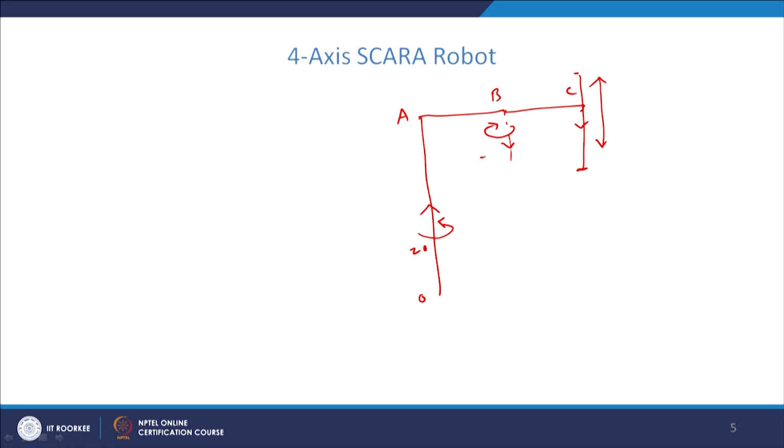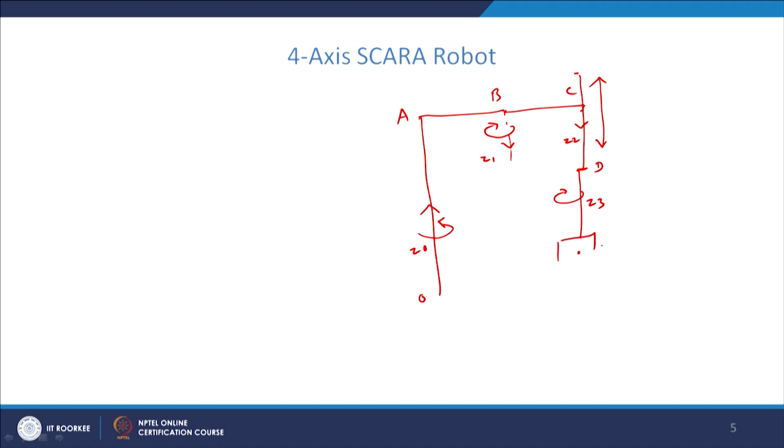So, this axis is Z1 and this is Z2 axis. Now, at this joint D, there is again a rotational motion similar to Z1. They are parallel, Z1 and here we call it the Z3 axis. Both of them are always parallel and the rotation direction is similar.